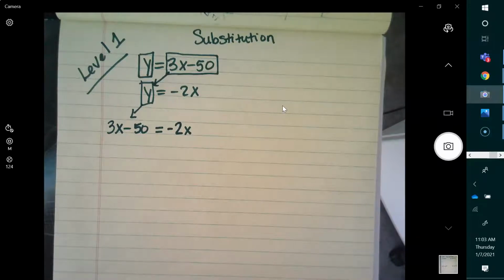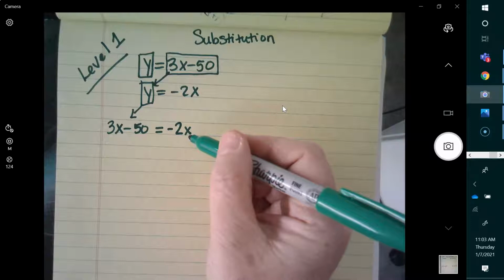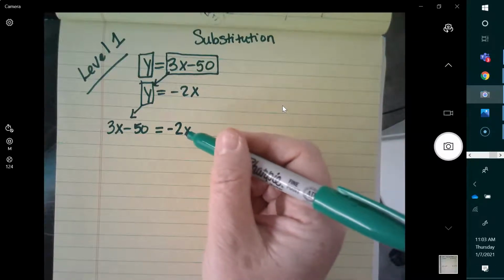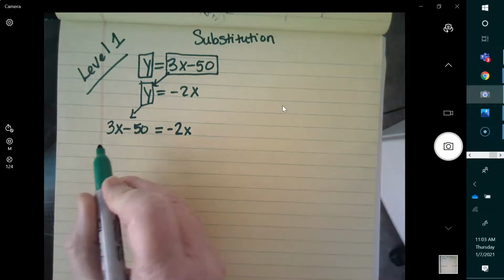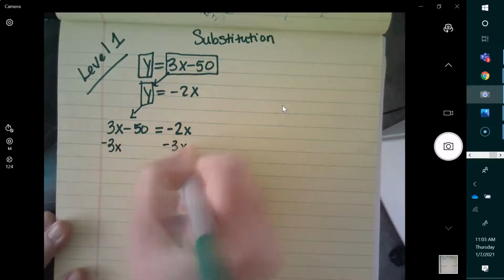out what x equals. Okay, so now I'm ready to solve, and I need to get all the x's moved to one side. Now you might look at it and say, oh, let's add 2x, but that's just going to make this side be a 0. So we're going to start by moving that 3x, and since it's positive, I'm going to need to subtract it.